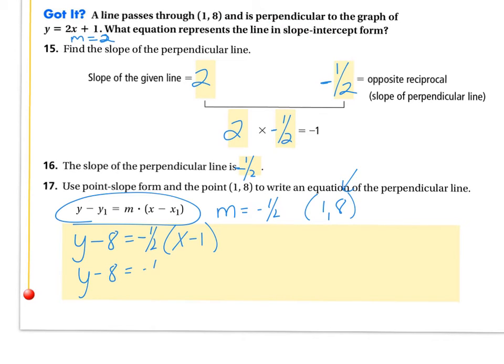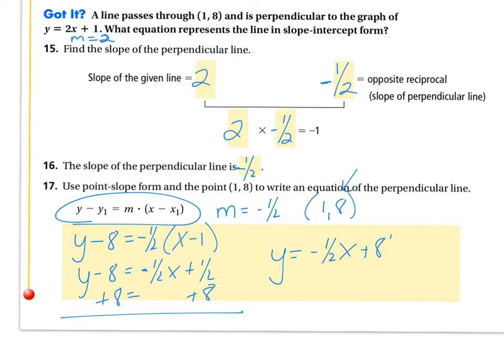Distribute. Solve for y by adding 8 to both sides. And y equals negative 1/2 x plus 8.5. Now that makes sense because this slope is negative 1/2, which is the opposite reciprocal of this slope. So my lines are perpendicular.